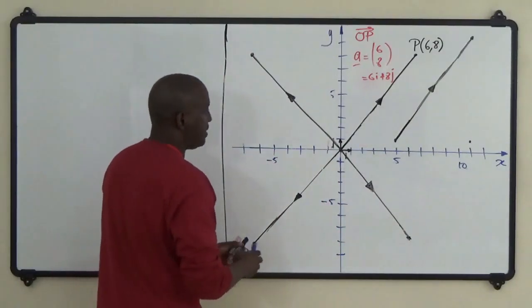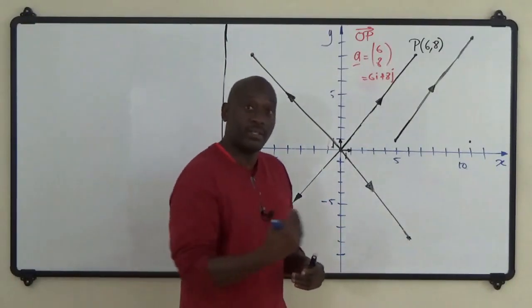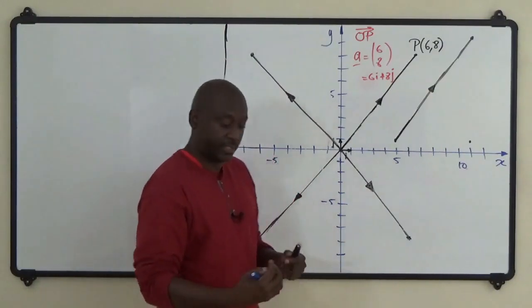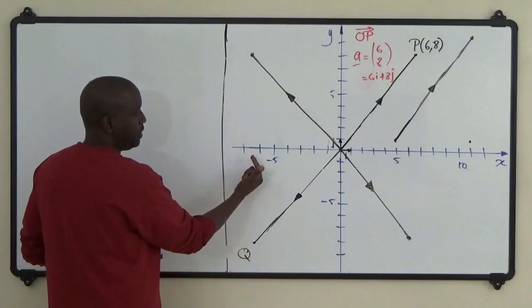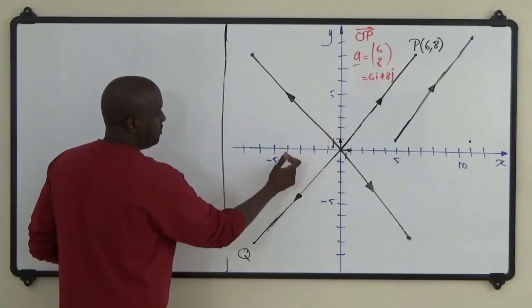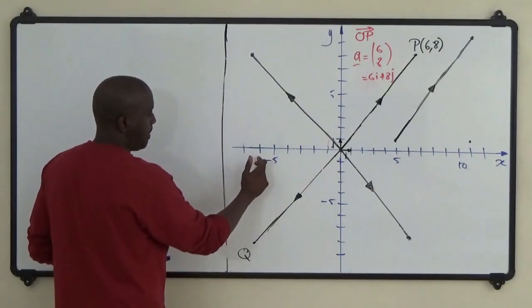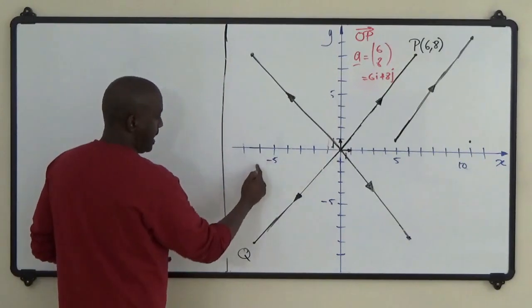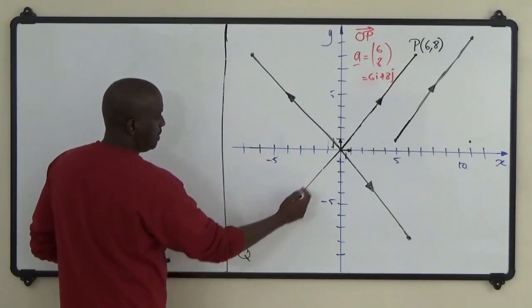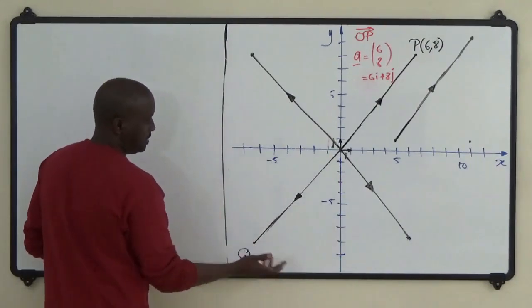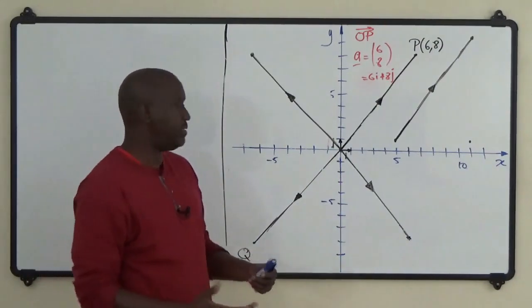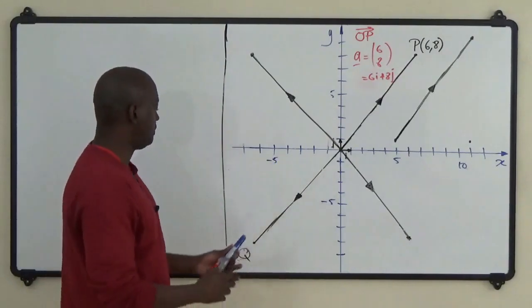So in this case, remember that we're going with the horizontal first, followed by the vertical. So in this case, your horizontal movement is to the left, which would be negative. So 1, 2, 3, 4, 5, 6, minus 6 to the left, and then it will be minus 8 down, 1, 2, 3, 4, 5, 6, 7, 8. Of course, it is not drawn to scale, so don't expect any exactitude here.